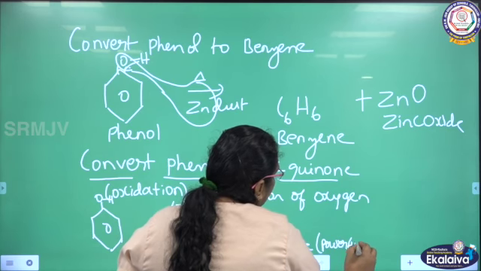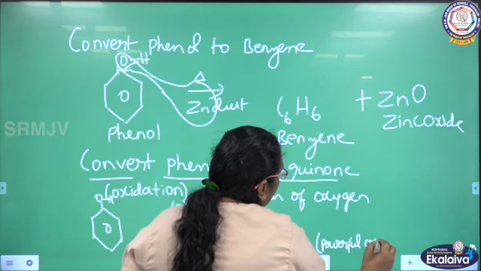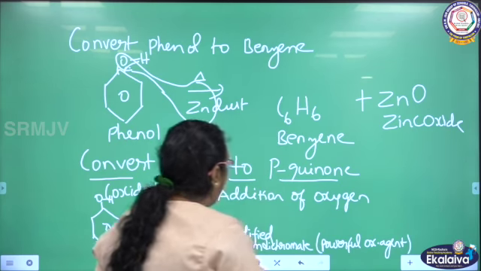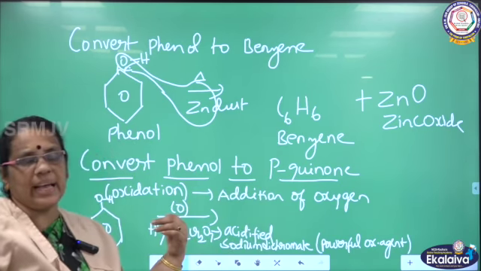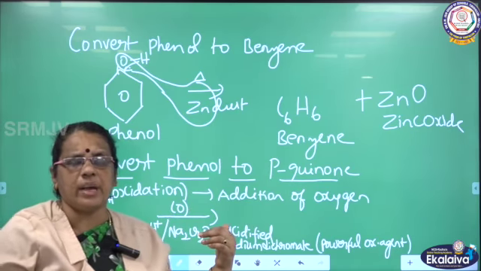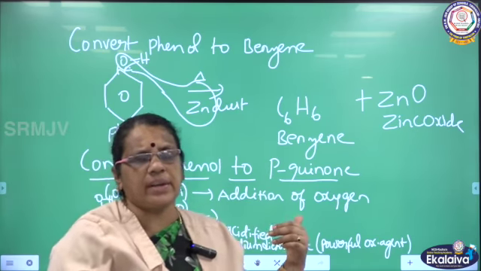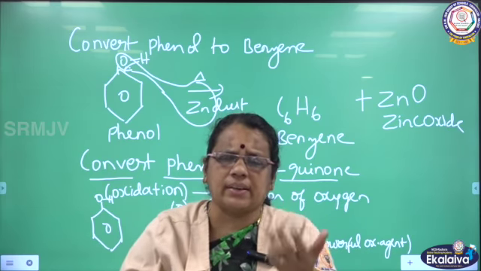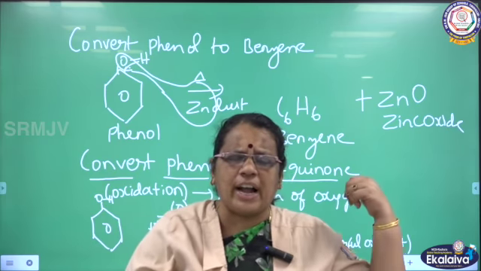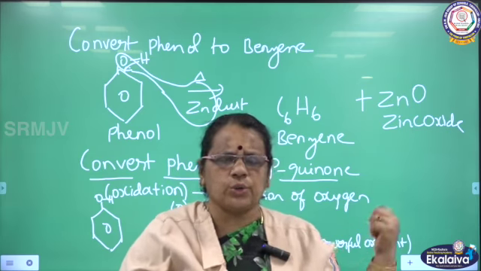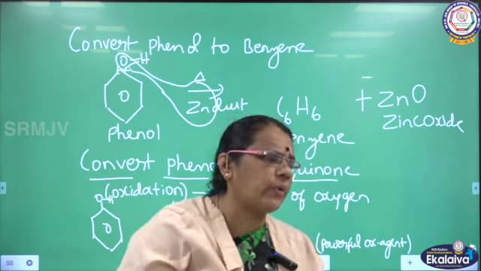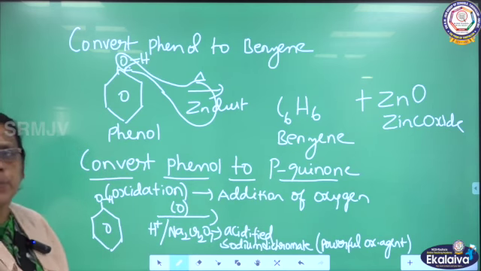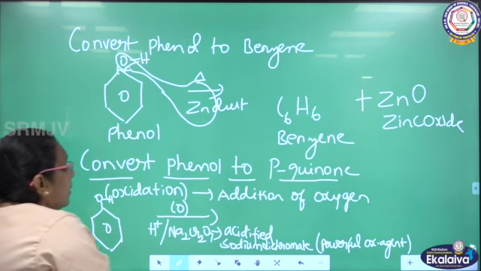So we are adding acidified sodium dichromate as an oxidizing agent because this reaction is an oxidation reaction. I need an oxidizing agent. I need to get oxygen to add to this phenol, so that it can be converted into paraquinone. So what is the reagent I am taking here? Acidified sodium dichromate.